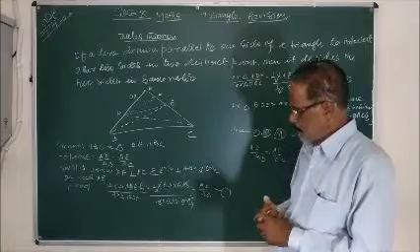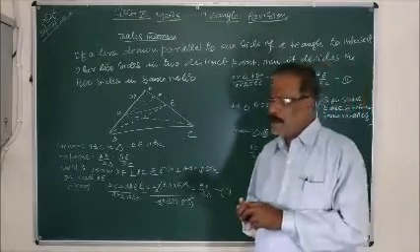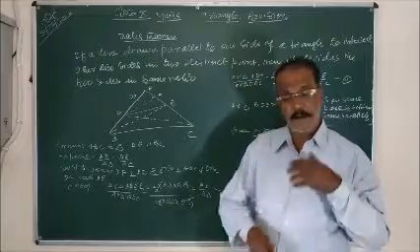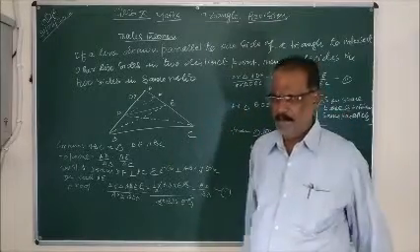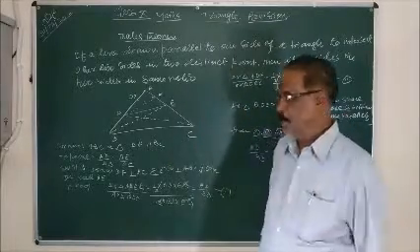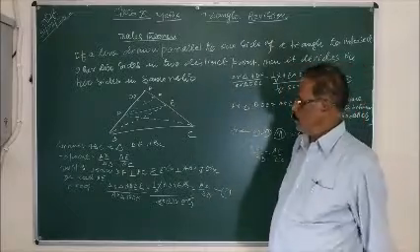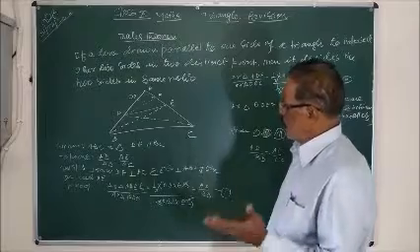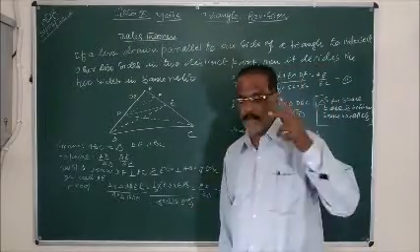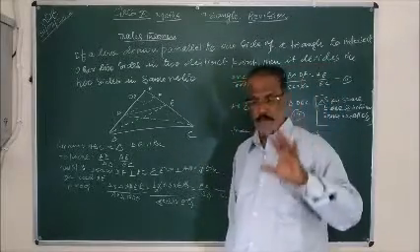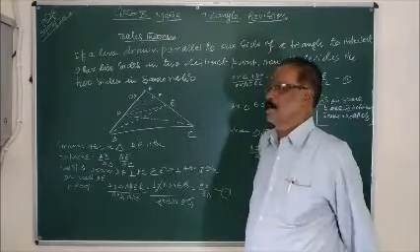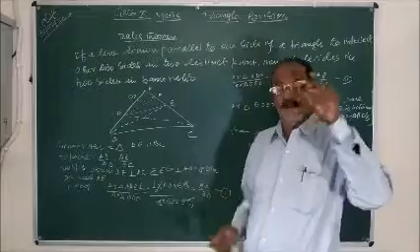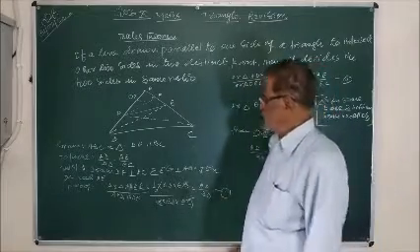And if corresponding angles are equal, their corresponding sides will be automatically proportional, and therefore triangles will be similar. So in case of triangle, if we find any one condition satisfied, either corresponding sides proportional or corresponding angles equal, the triangles will be similar.